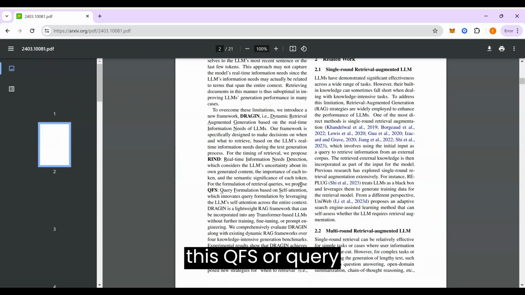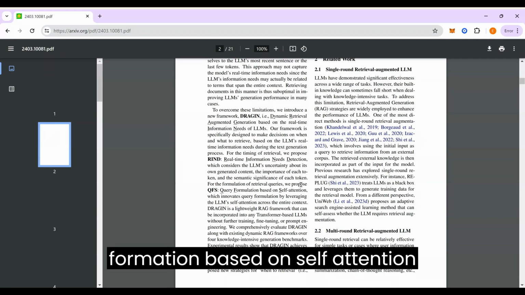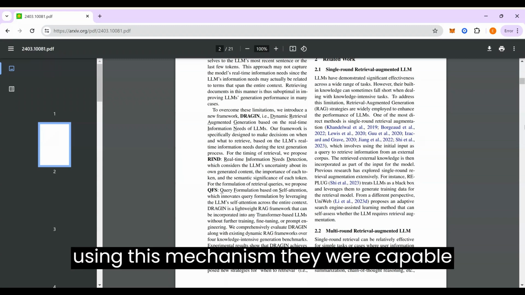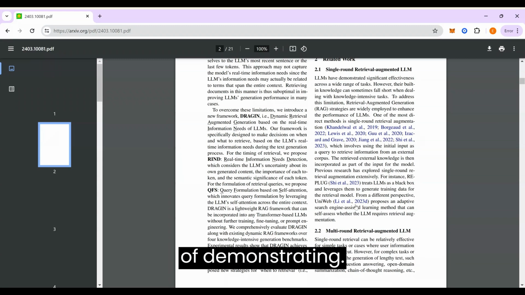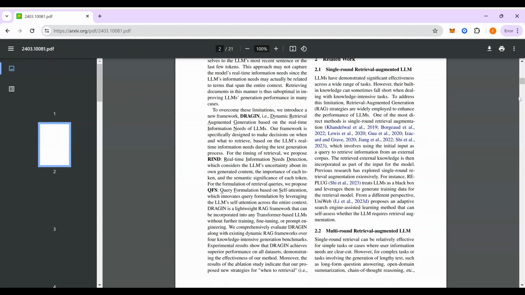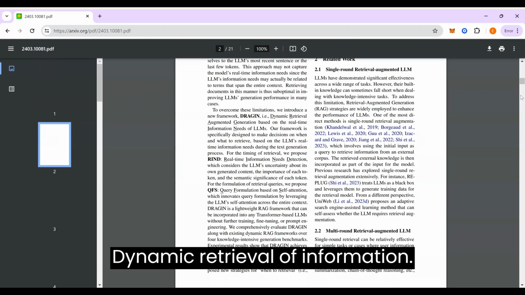They term this QFS, or query formation based on self-attention. Using this mechanism, they were capable of demonstrating dynamic retrieval of information.